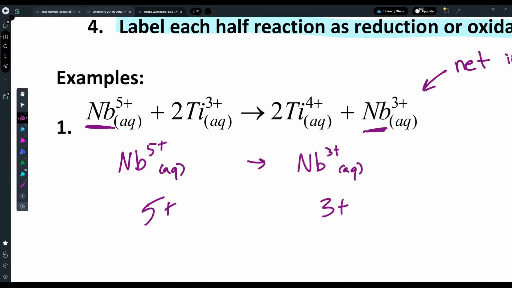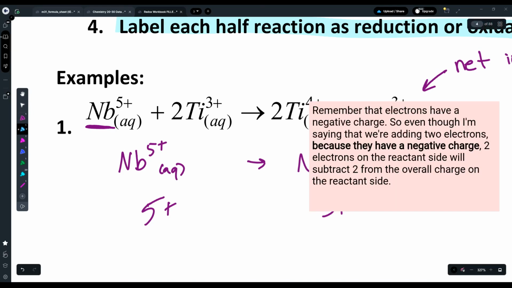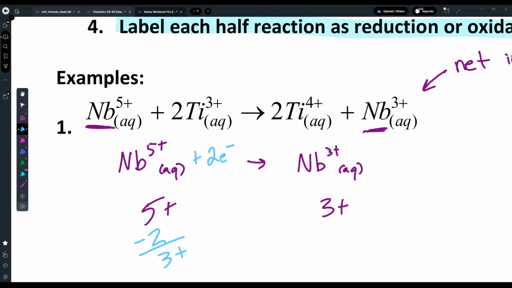So we need to add our electrons to the more positive side so that each side has the same charge. So what I'm going to do is add 2 electrons to the reactant side, because if I go 5 minus 2 from the electrons, that'll give me 3+, which means the reactant and product sides both have the same charges.